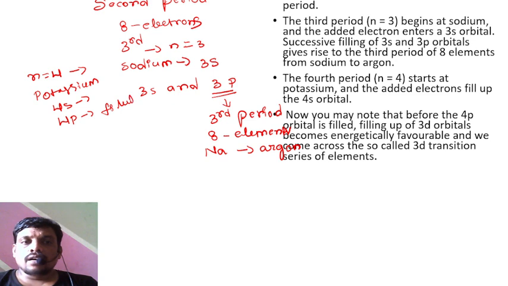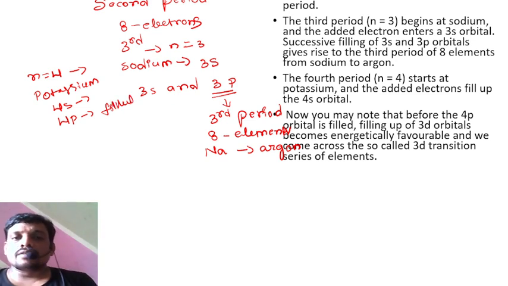Before filling up the 4p orbitals, what will happen? That is the question here.